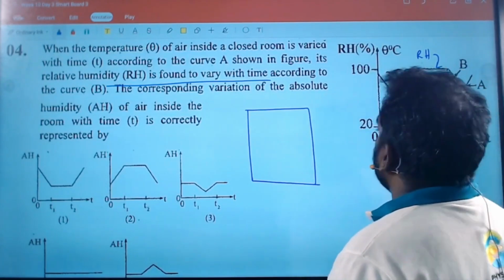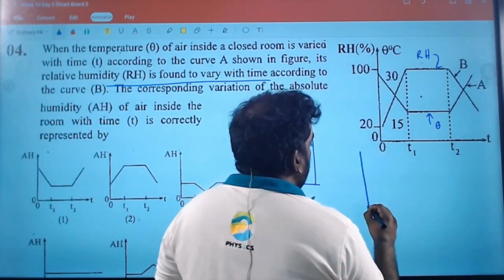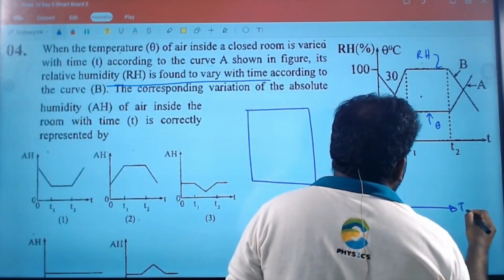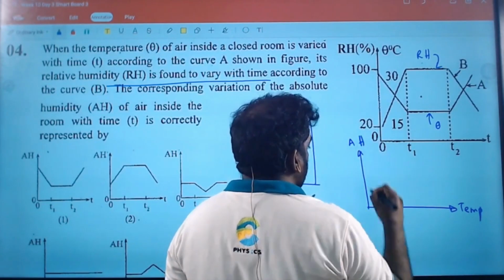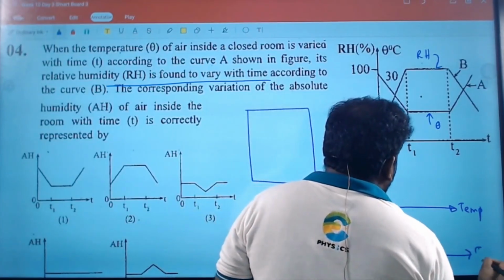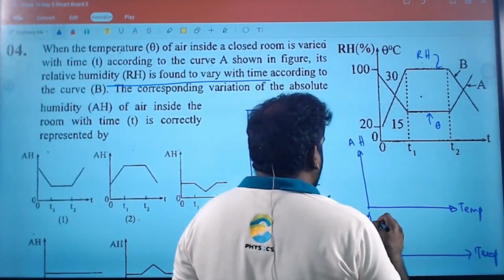Don't forget these two graphs: temperature, absolute humidity graph, and temperature, relative humidity graph.